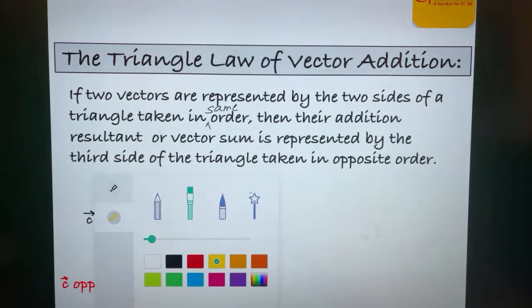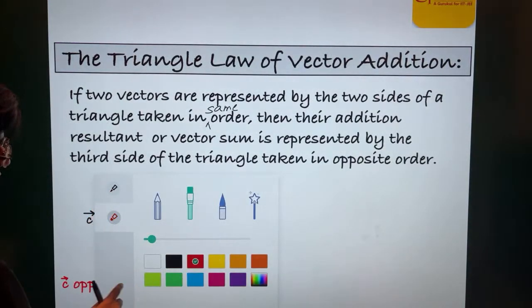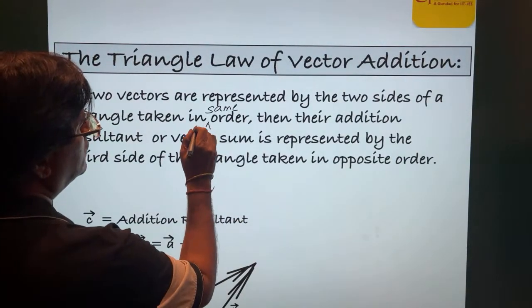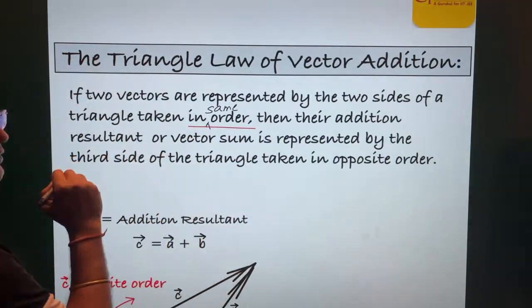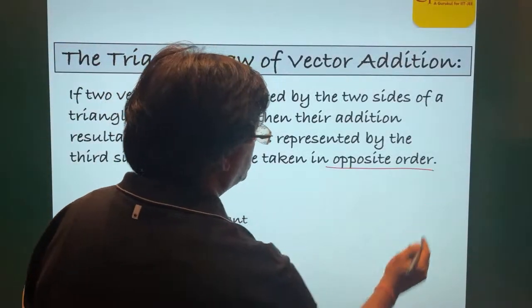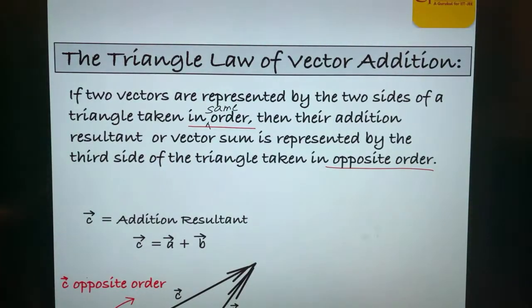So here the two vectors A and B are in same order, and the third is in opposite order.